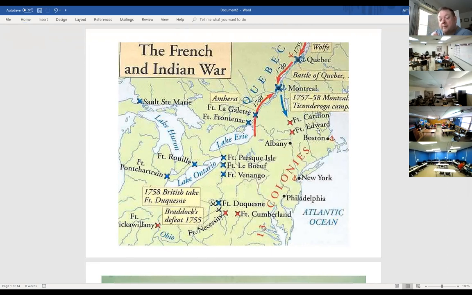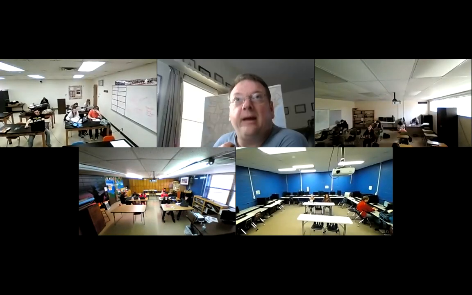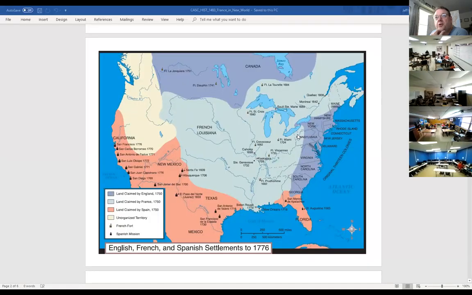And the Treaty of Paris in 1763 resulted in the French surrendering. Let me go back to this map. The French surrendered all their territory east of the Mississippi to England, all the way up into Canada too. So this all became English territory.